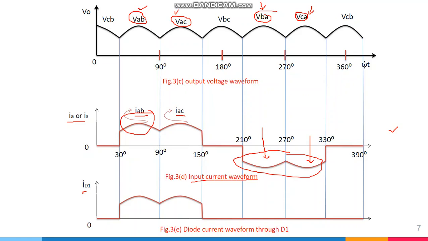So the current waveform is like this. And we can similarly calculate the current for phase IB and the other diodes ID2, 3, 4 and so on. So the waveform will be similar to these.